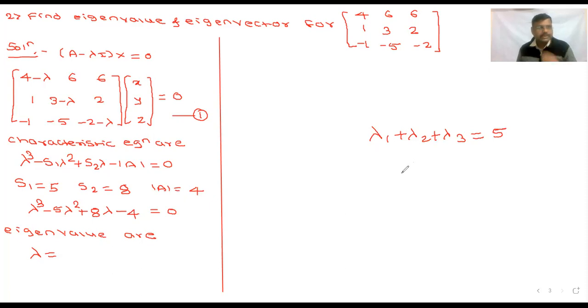Which two values? 1 and 2. 1 plus 2 plus 2. So which is repeated? 2 is repeated. So we got that eigenvalues are 1, 2, 2.